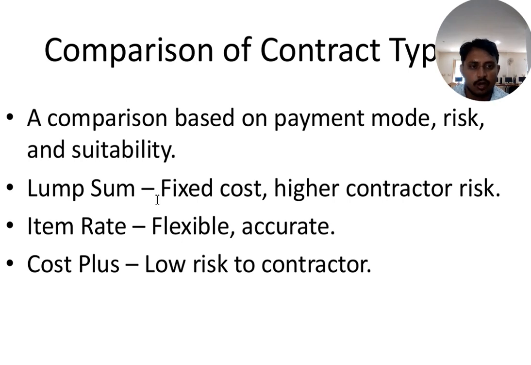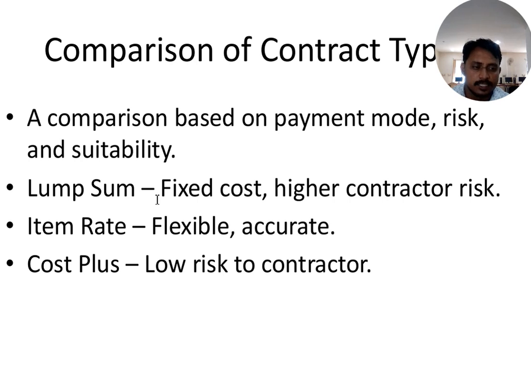We already discussed contract. Contract is nothing but a legally binding agreement between two or more parties. The second one is the types of contract. We have five types of contracts: lump sum contract, item rate contract, percentage contract, cost plus contract, and labor contract.